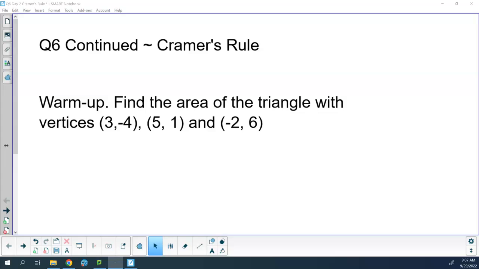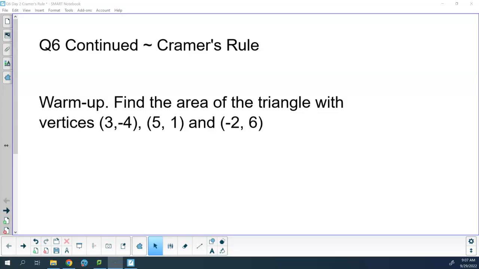So warm up today. We're going to find the area of a triangle with vertices of that. Anybody remember from yesterday the formula or how we find the area of a triangle using matrices? And then 1.